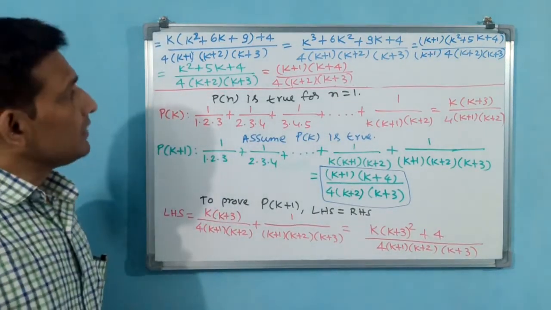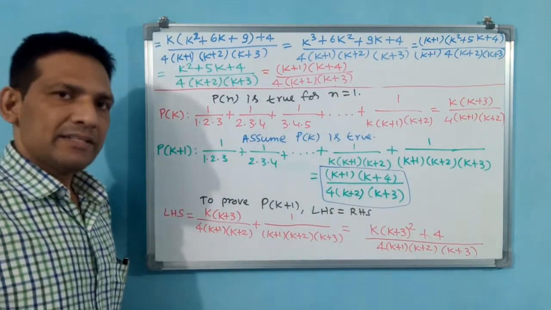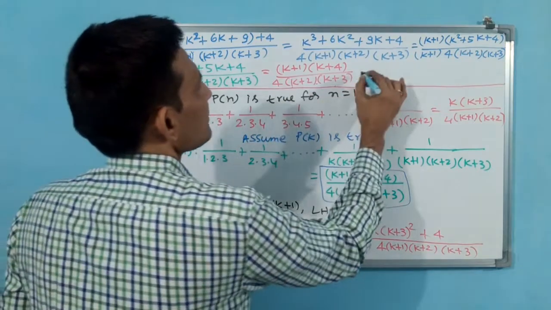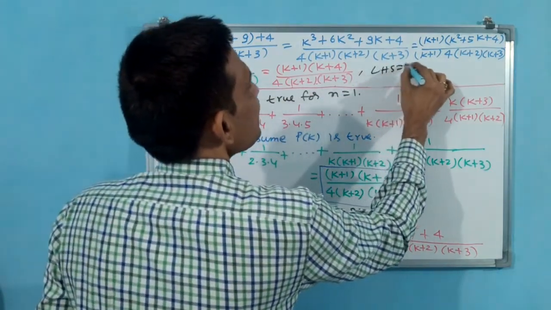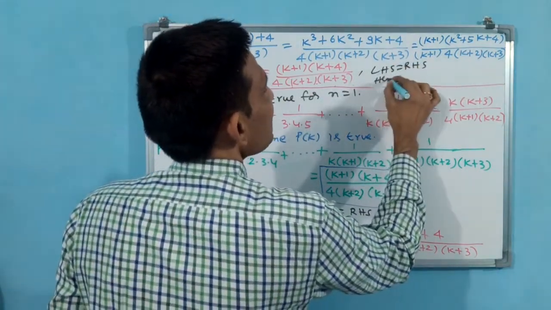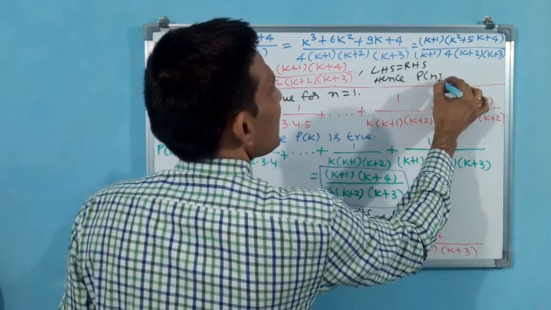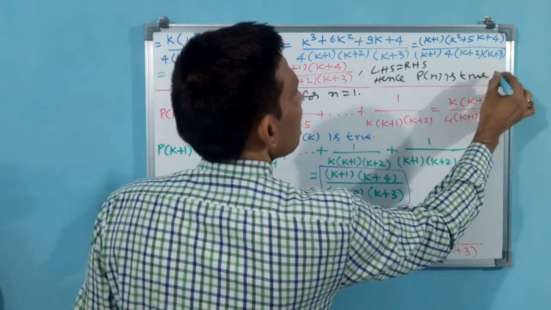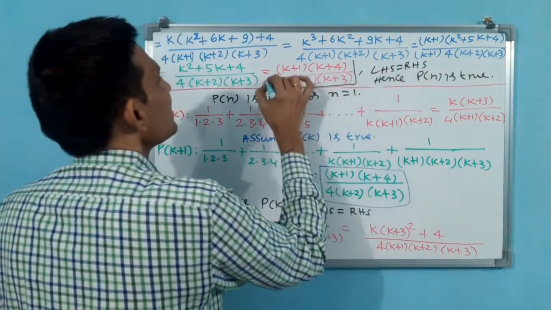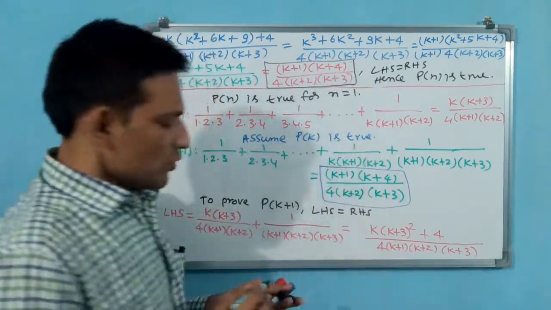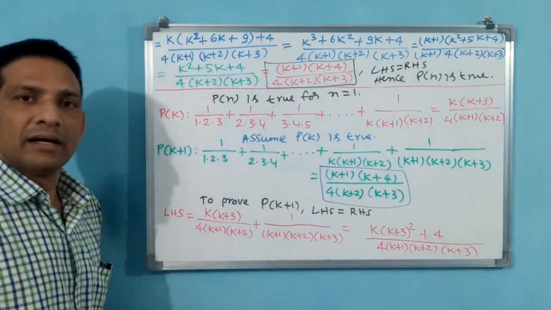Understand now? Then you box it, write LHS is equal to RHS. Hence, P of n is true. Whatever the box, you want to make, you make. You understand now how I have received this answer?